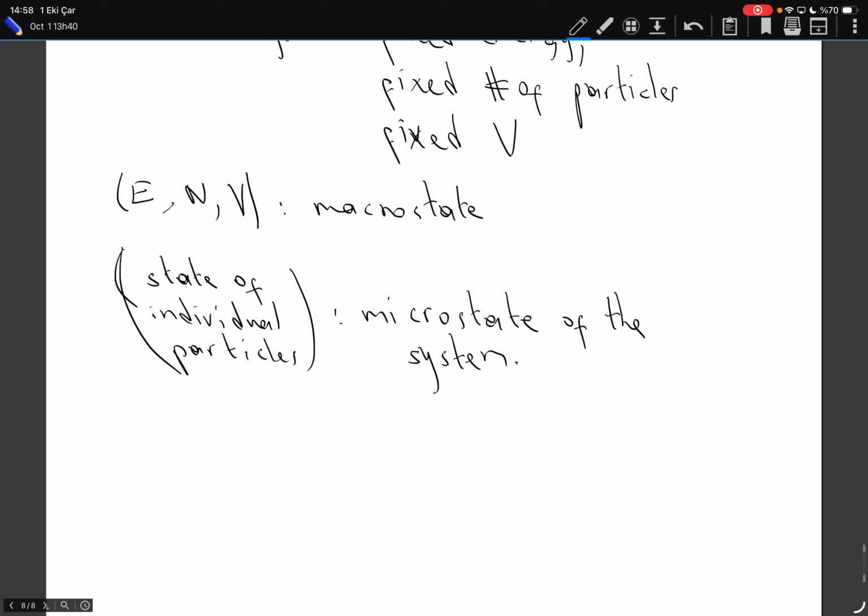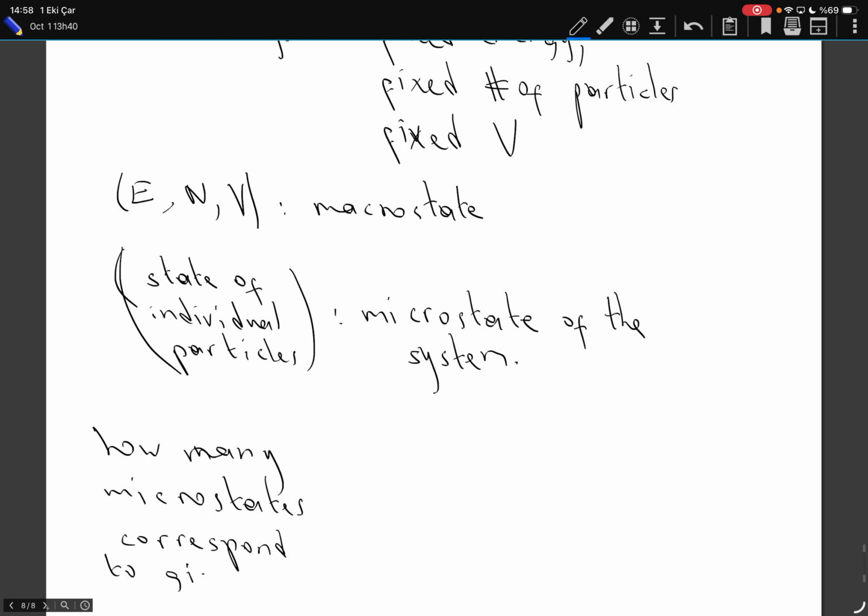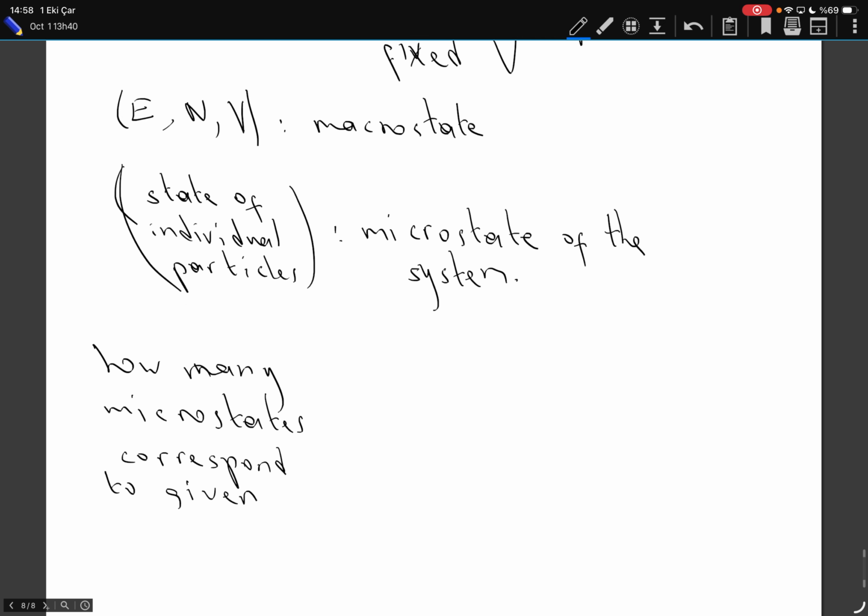Then the question that we will ask is, how many microstates correspond to a given macrostate?